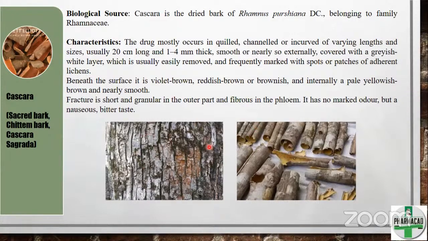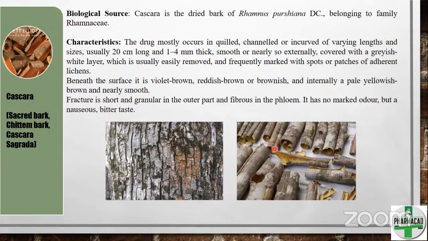Now the drug mostly occurs in quilled, channeled or incurved pieces of varying lengths and sizes, usually 20 centimeter long and 1 to 4 millimeter thick, smooth or nearly so. Externally it is covered with a grayish white color, which is usually easily removed and frequently marked with spots or patches of adherent lichens.